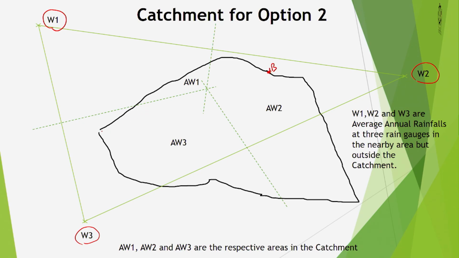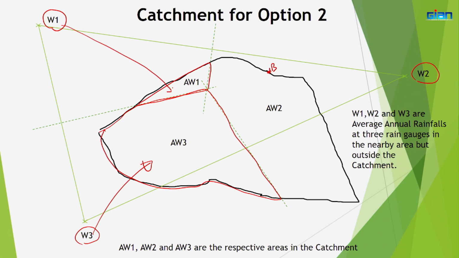This portion of the catchment area is more represented by W3, it is closer to that, this segment is more represented by W1 weather station, and this area is more represented by W2, because these areas are pretty large, remember maybe 100 square kilometers. So, therefore, now I have got a good estimation.